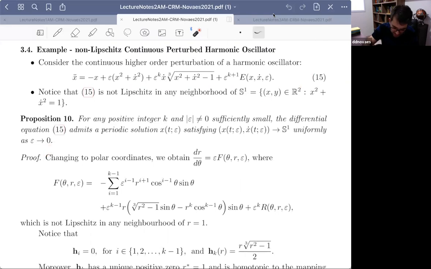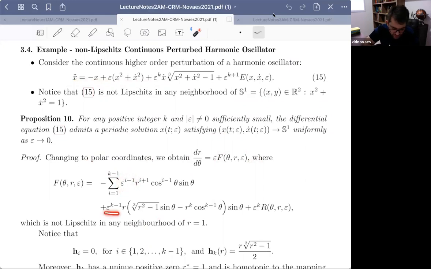So we apply a polar change of coordinates, and we write the system in a form like this, where f of theta, r, epsilon is equal to this power series of epsilon. So here we have the sum for epsilon to the power 0 until epsilon to the power k minus 2.